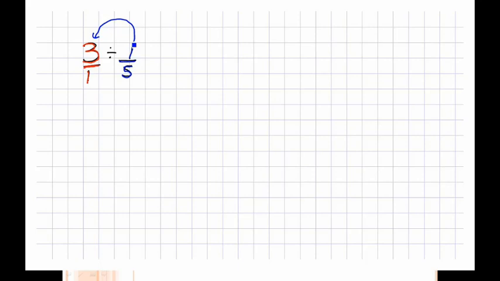3/1, so that's the whole number 3, and then we have 1/5, so the larger of those two numbers is the 3. So we need a number line that's 3 units long, and each unit needs to be broken into 1 times 5, or 5 pieces per unit. 5 pieces for each unit.